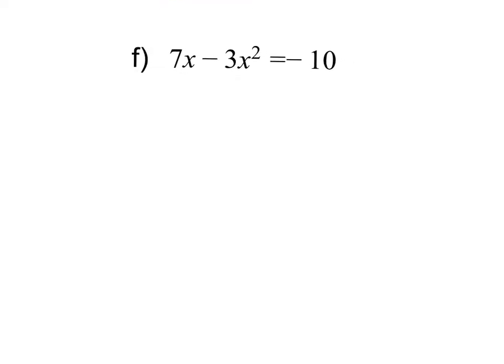I'm going to move this one over and add 10 to both sides because I want it to be in standard form, because remember the x squared needs to come first whenever you're factoring these. So I will have negative 3x squared plus 7x plus 10 equals 0.